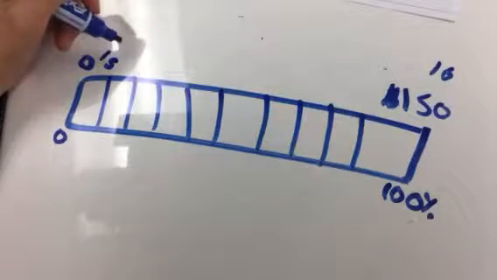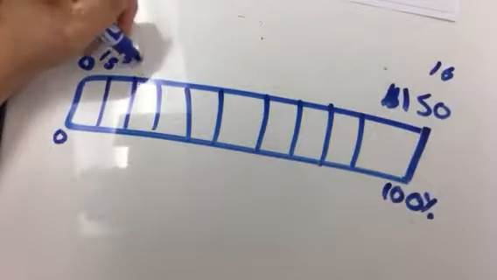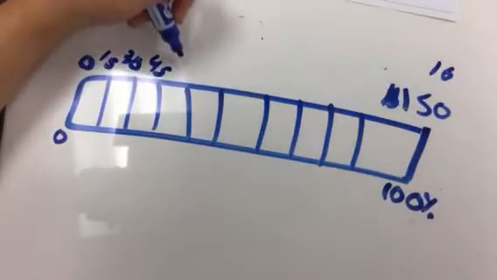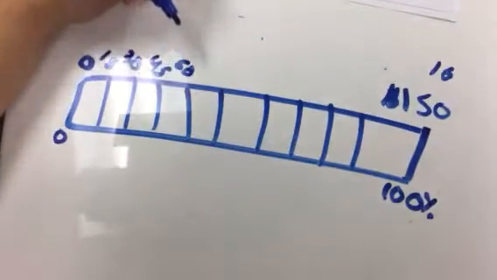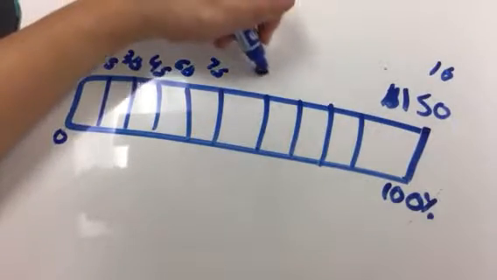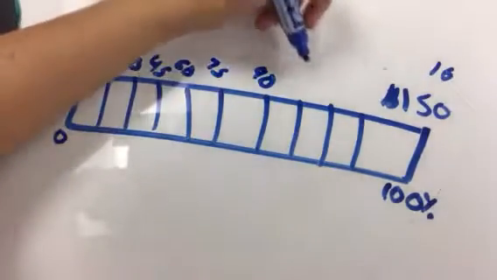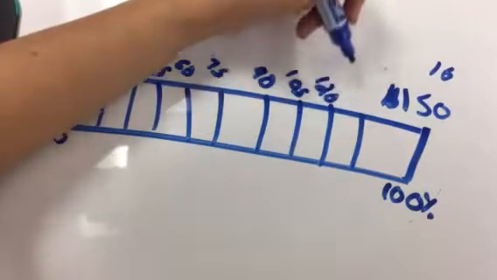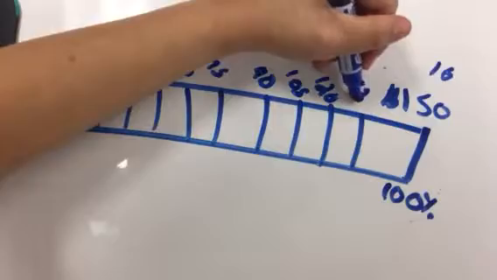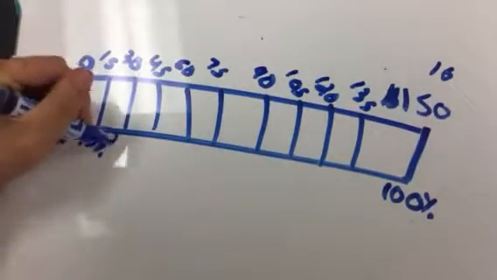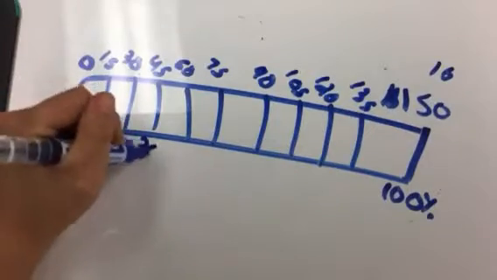And so you have 15, 30, 45, 60, 75, 90, 105, 120, and last but not least, 135. And then you also have your percents down here, just like this.